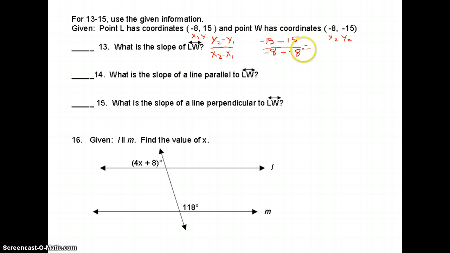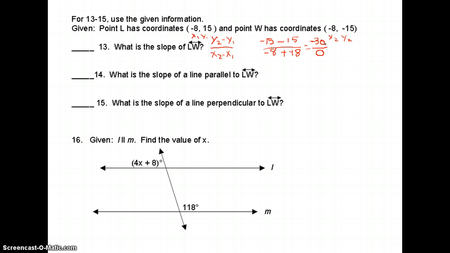Okay, so we have negative 15 minus 15. Use your calculator. That gives you negative 30. Then we've got negative 8 minus negative 8, which is negative 8 plus 8. You've got two minuses, makes a plus. Negative 8 plus 8 equals 0.